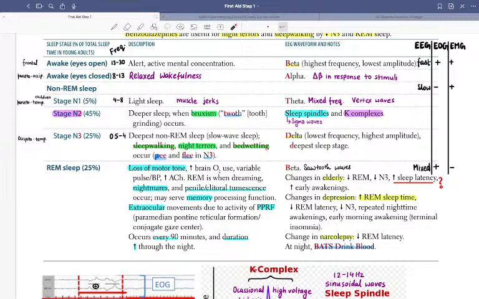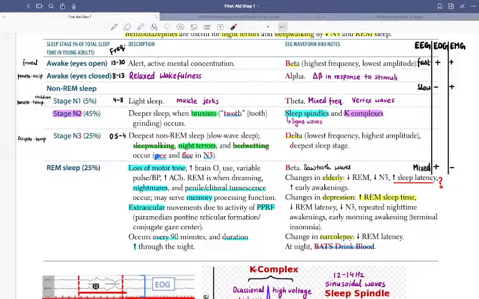Next is non-REM: N1, N2, N3, and REM. The main thing is what the wave is, what pattern you'll see, and what the characteristic feature is. So light sleep, muscle jerks, N1.